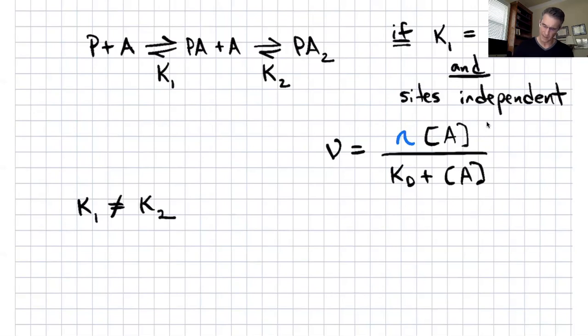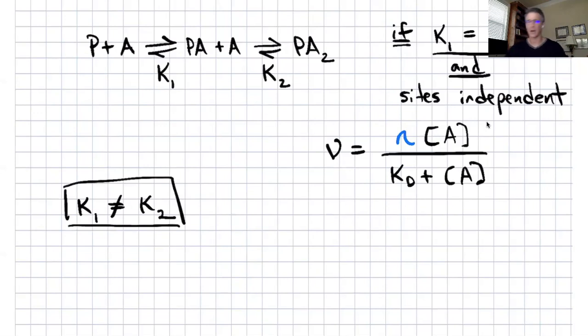We dealt with that case the last time. What happens now if the binding constants for a 2-site binding macromolecule to the same ligand, let's say, just keep it simple, don't have the same dissociation constant? They're still independent. There's no thermodynamic linkage, but they don't have the same affinities.